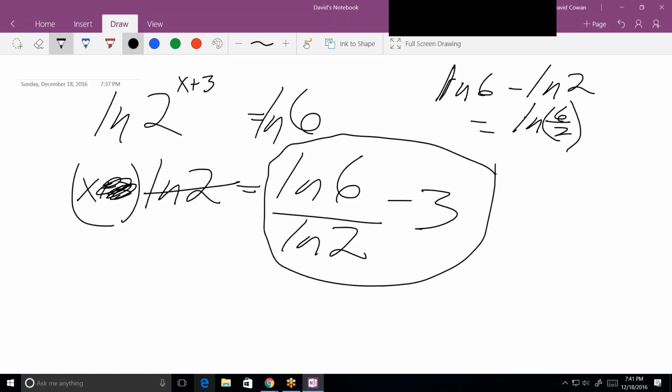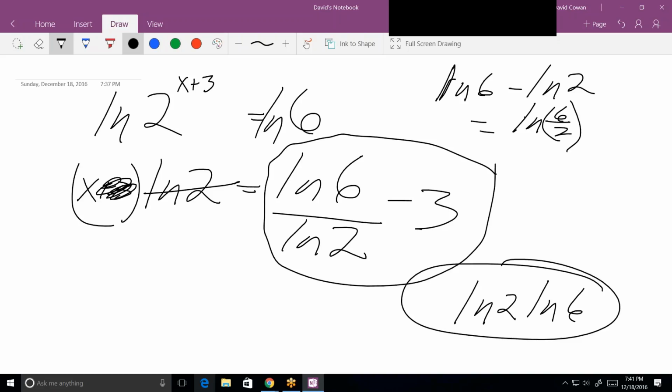So there's no simplifying that. If I have the ln of 6 over 2, then yeah, it's the same as the ln of 3, or it's the ln of 6 minus the ln of 2. But when I have log divided by log, I can't simplify that any more than if I had natural log of 2 times the natural log of 6. No way to simplify that either.